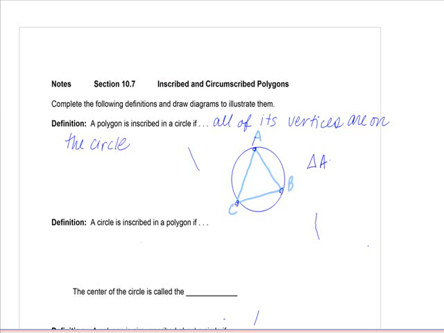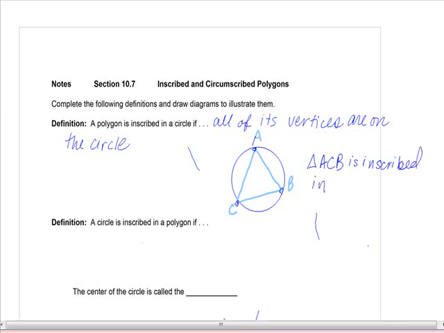So this is my example. Triangle ACB or ABC is inscribed in the circle. So when you say something is inscribed, it's within. If you say something is circumscribed, which we're going to learn a little bit later, it means around.